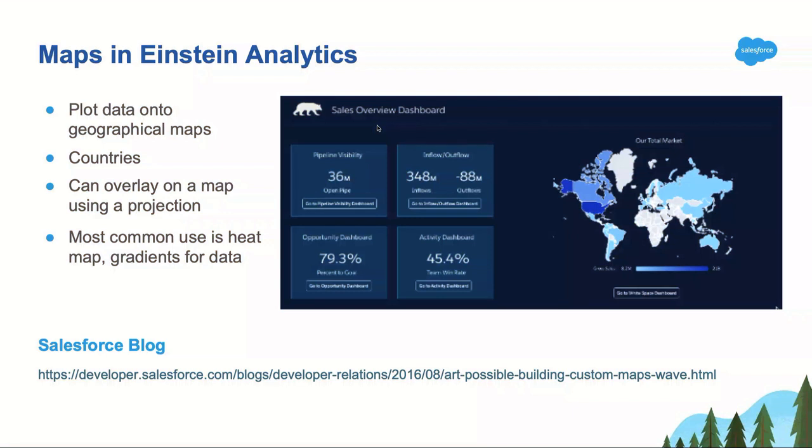And then usually what you'll see are the gradients for the different colors that show the volume of the data that you're showing on your map. And there's a really great Salesforce blog that talks about this and shows some examples of what you can do. Definitely recommend checking that out if you're interested.